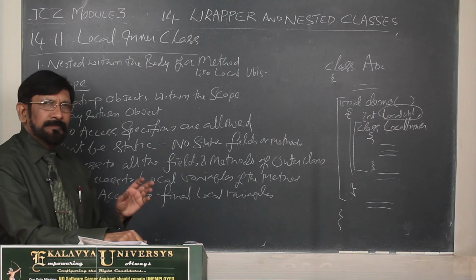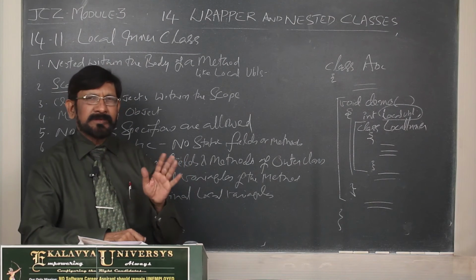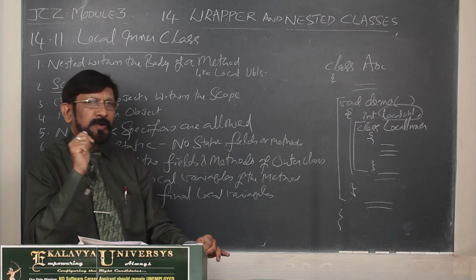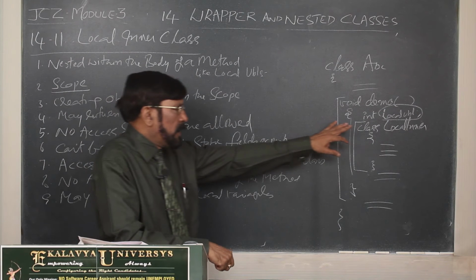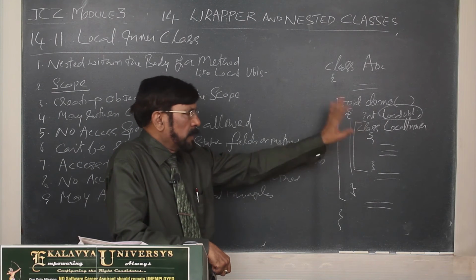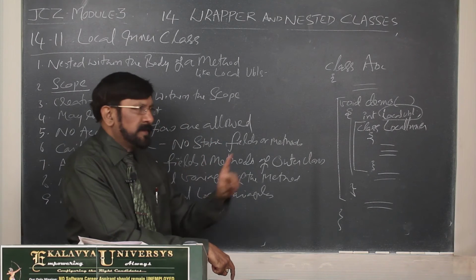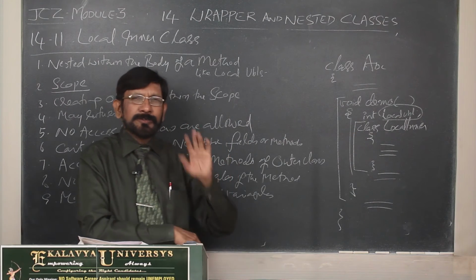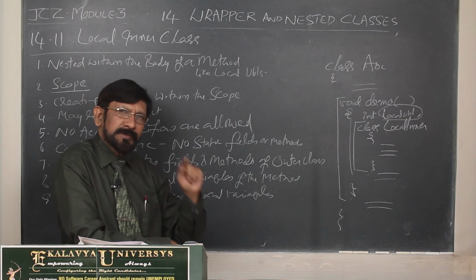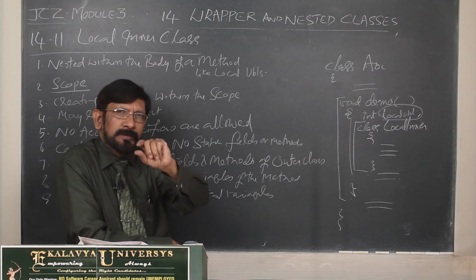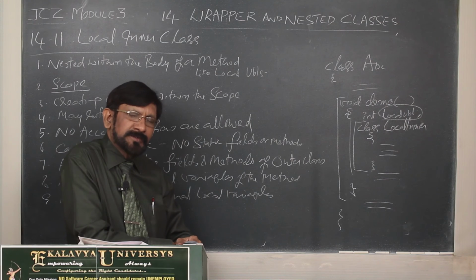And thereafter, access specifiers like public, private or protected are not applicable to local inner class, and it should not be declared as static also, and it should not have any static members. That means, it should not have any static fields or any static methods.